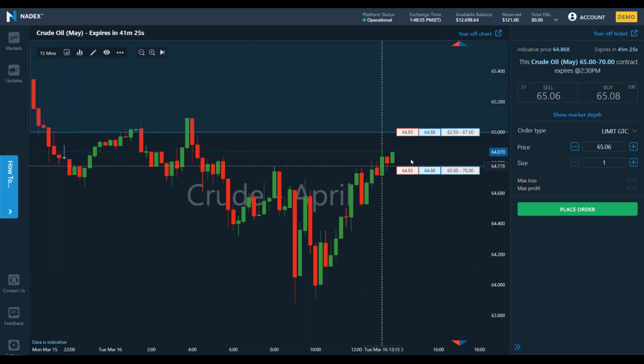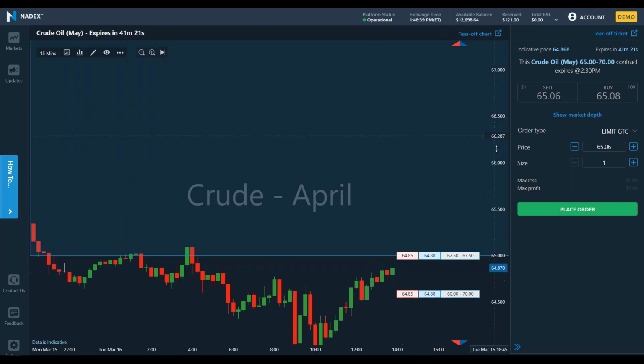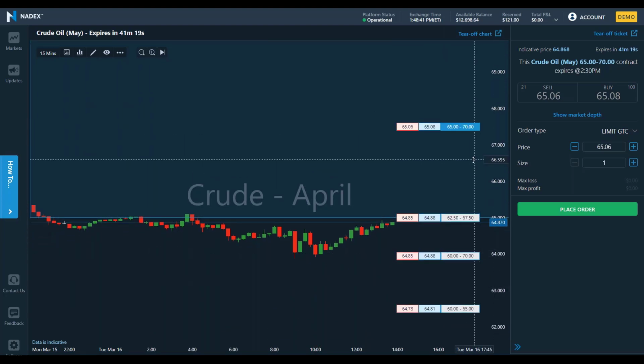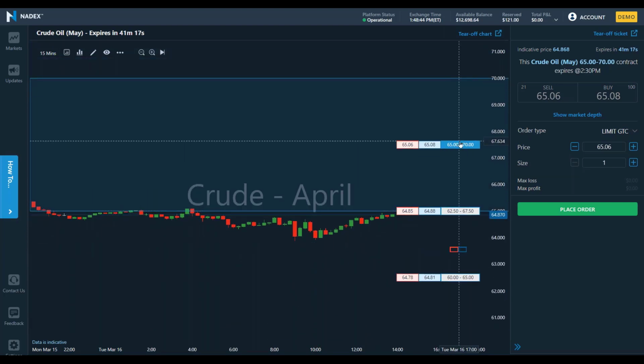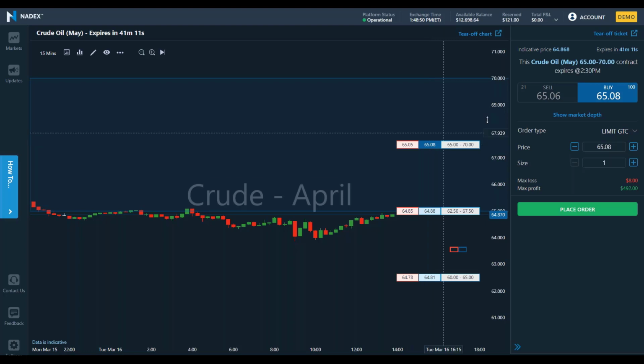Okay, there we go. If I thought oil were going higher, and hit this, and you can tell which one I'm clicking on because it's highlighted. If I were to buy this call spread, it's got a floor of 65, right? And we are just below that right now. We're at 64.87. Realize this expires in 41 minutes.